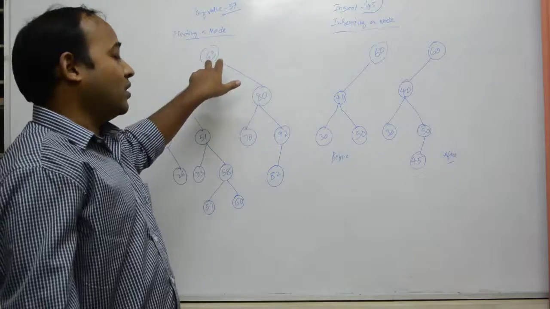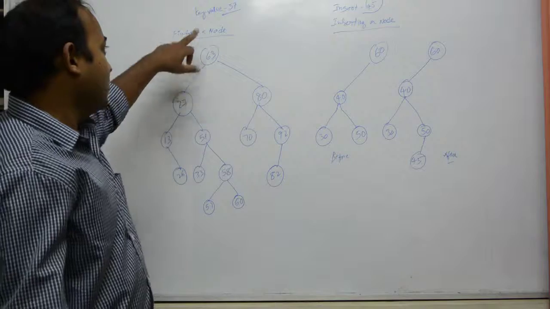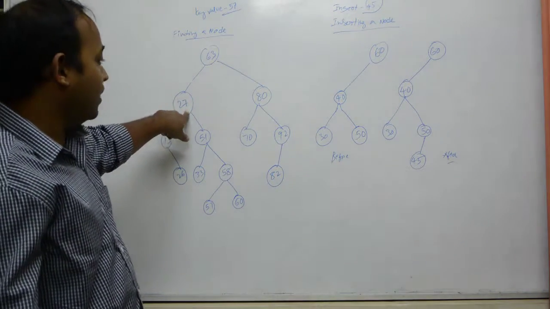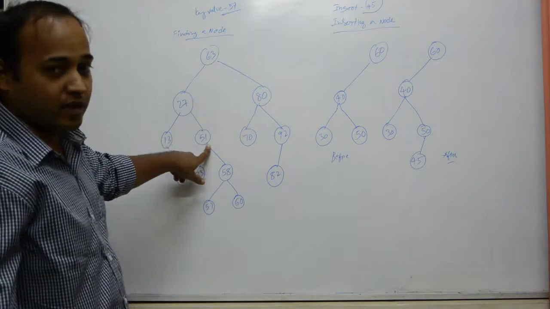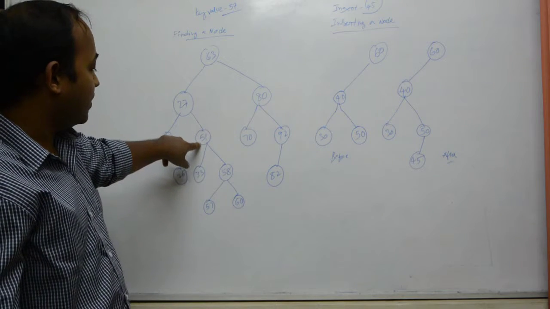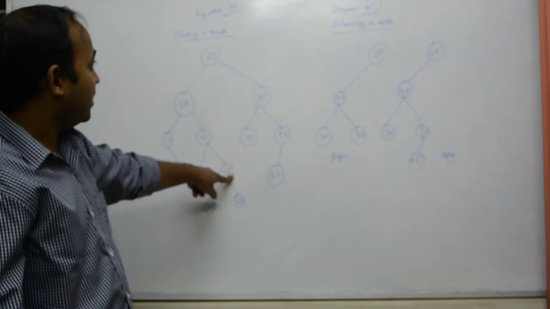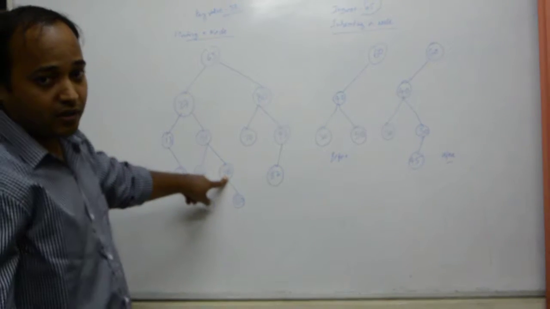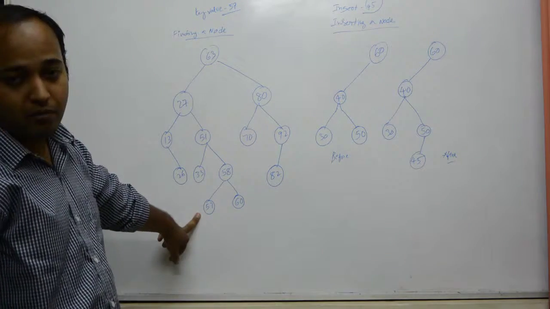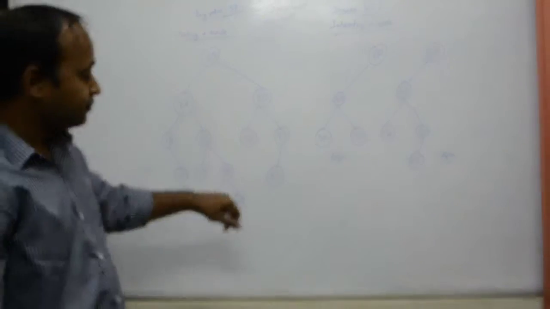The key value is less than the root, so it goes to the left side. Again 57 is compared with 27. Now the key value is greater than 27, so it goes to the right side. Again it compares 57 with 51. Now 57 is greater than 51, so it goes to the right side. Again it compares the key value 57 with 58. The key value is less than 58, so it goes to the left. So here the match is found. Now it finds the key value 57.